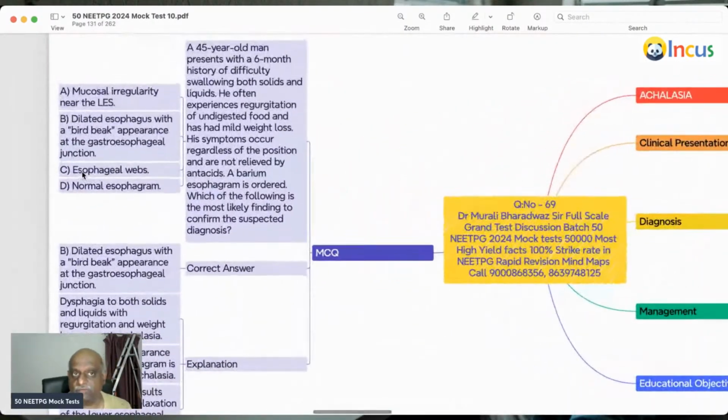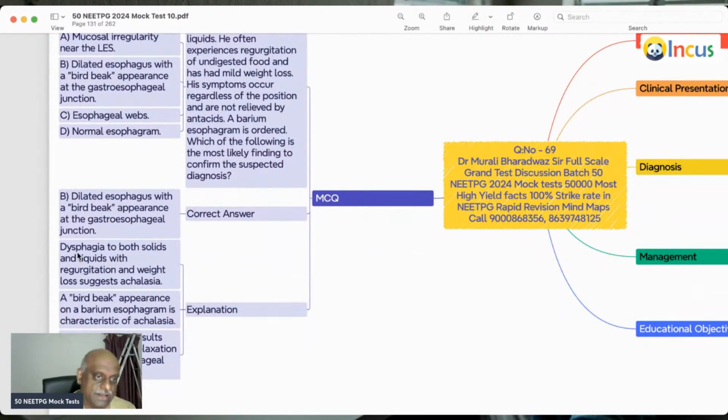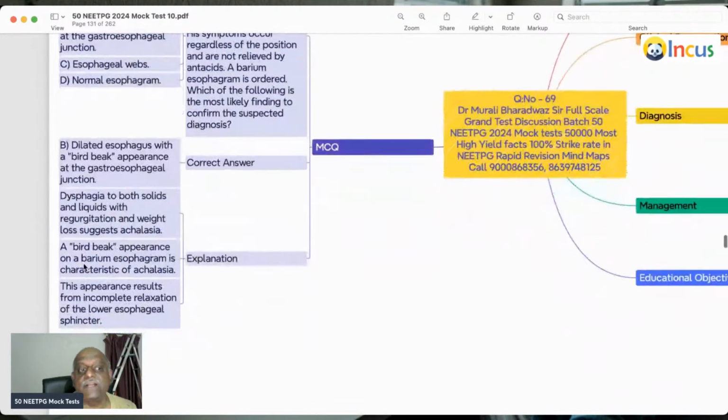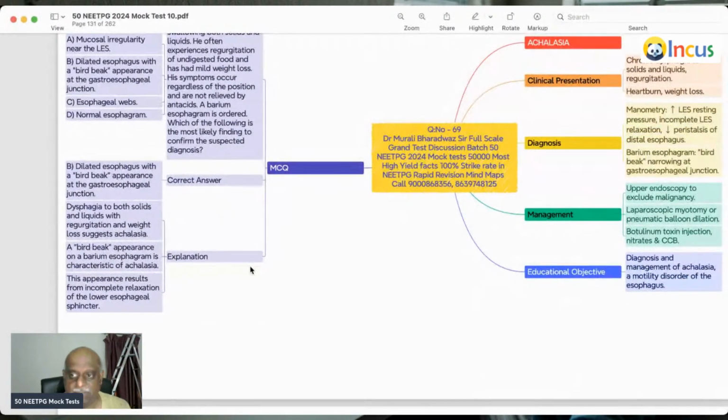Now, 45-year-old, dilated esophagus with a bird beak appearance at the gastroesophageal junction is what you will find. Why? Because if you look at the history, dysphagia to both solids and liquids with regurgitation and weight loss, they're all suggestive of achalasia cardia, is what you need to remember.